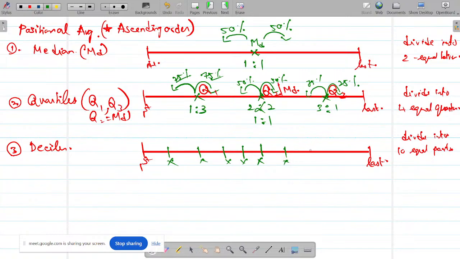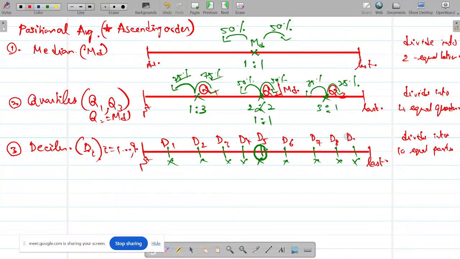Here, for deciles we will represent using D. So D i in general, i will be 1 to 9. This is D1, D2, D3, D4, D5, D6, D7, D8, D9. What is D10? The full complete is D10. Usually you will not write D10 and Q4 at all.